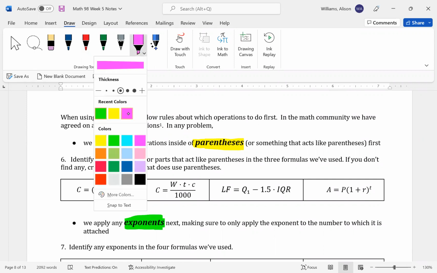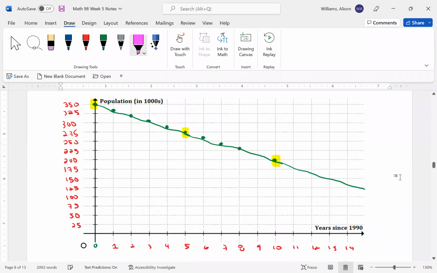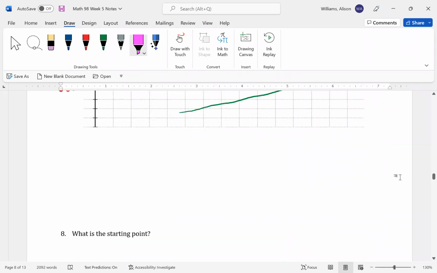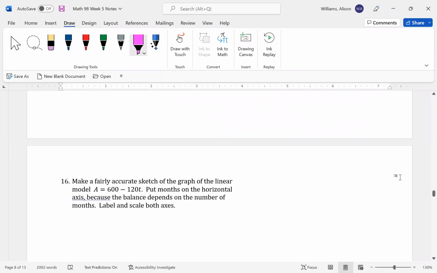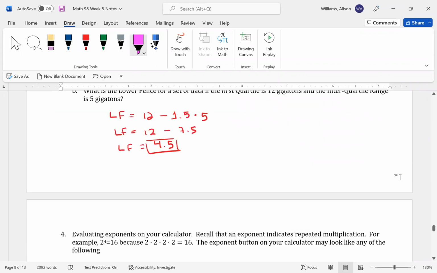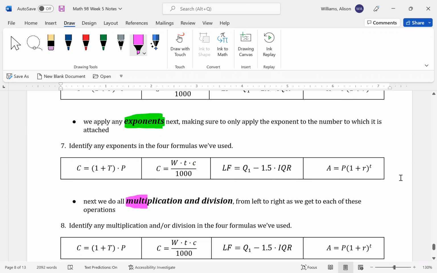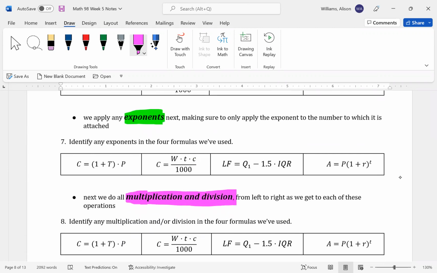And then here we'll use purple this time. Then after exponents, we do multiplying and dividing. Oops. Okay, I knew it was going to jump. I'm so sorry, guys. It jumped all the way back into the last section. Okay, multiplication and division.